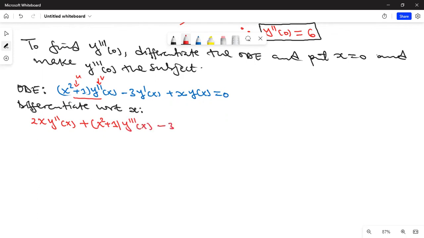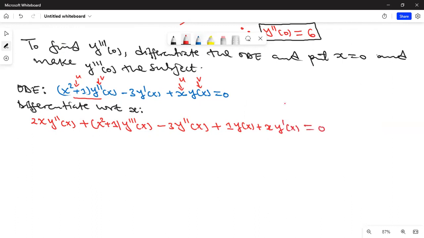Similarly, minus 3, differentiate y prime, that will give us y double prime of x. Then plus, again this is u and this is v. Differentiate u, you get 1 times y of x, plus x times y prime of x. That should give us 0.